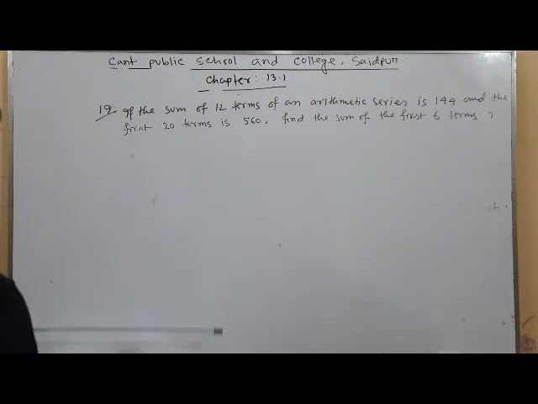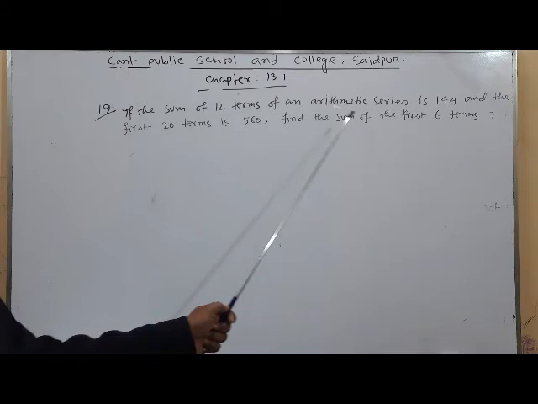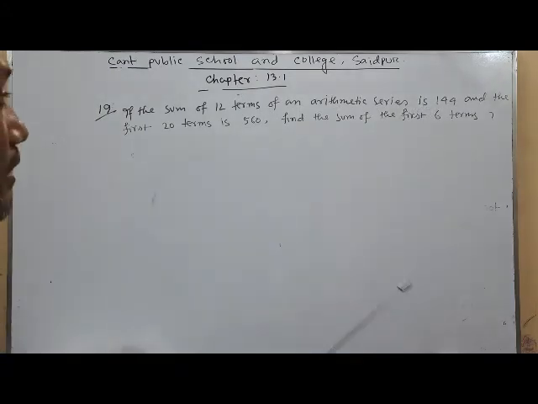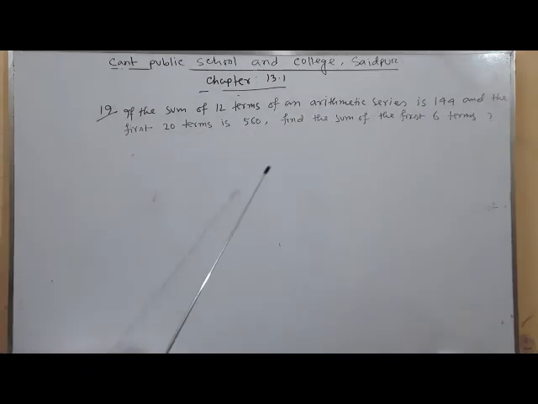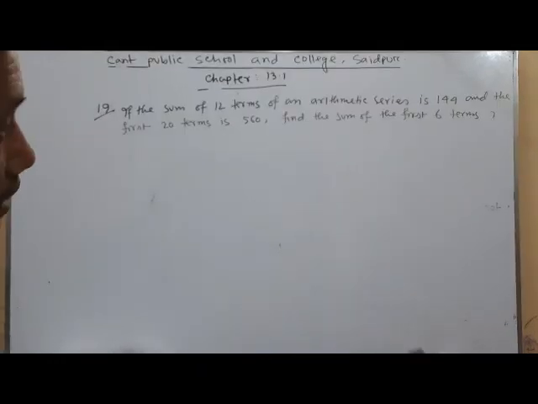Here, if the sum of 12 terms of an arithmetic series is 144 and the first 20 terms is 560, so I have to find the sum of the first 6 terms of that series.